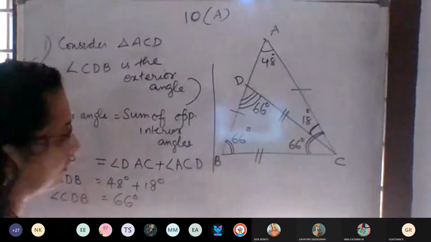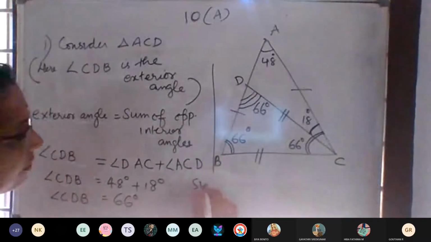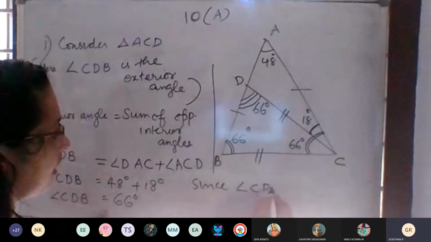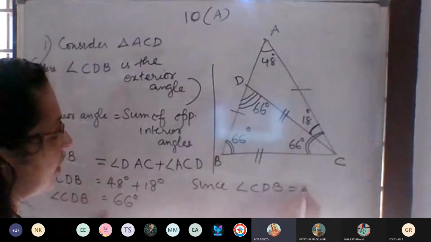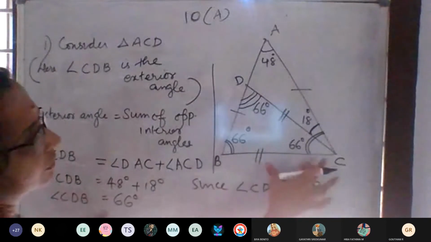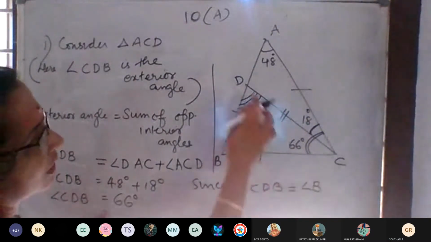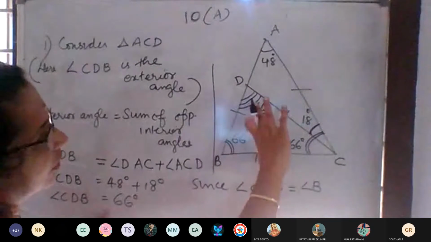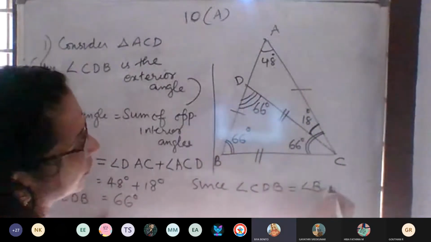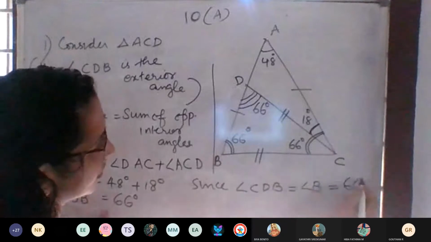Next step, how can we write? Since angle CDB is equal to angle B, which is equal to 66 degree.